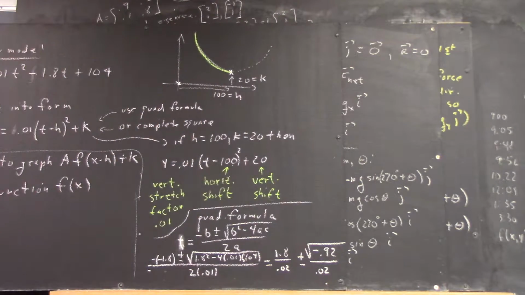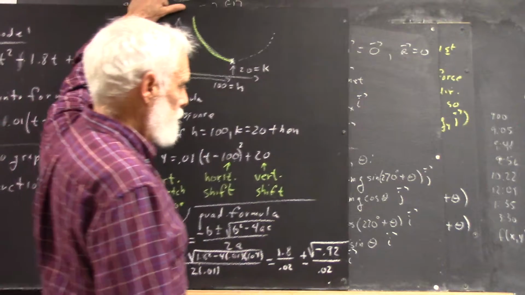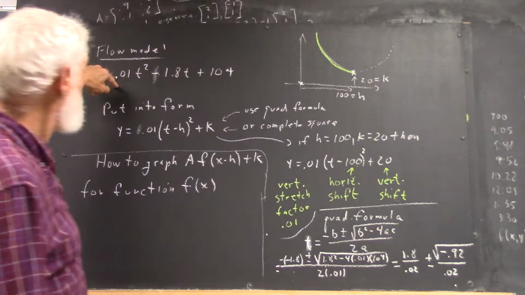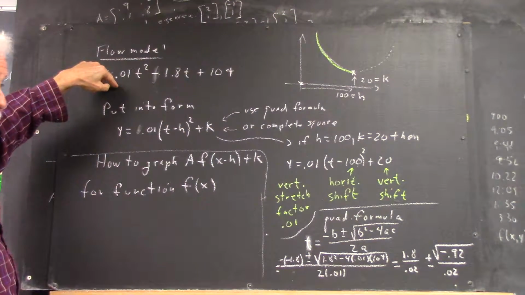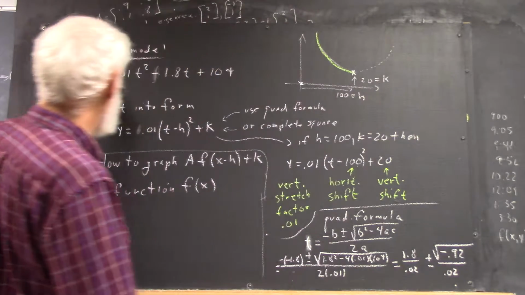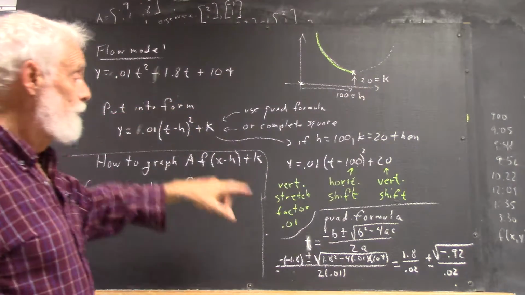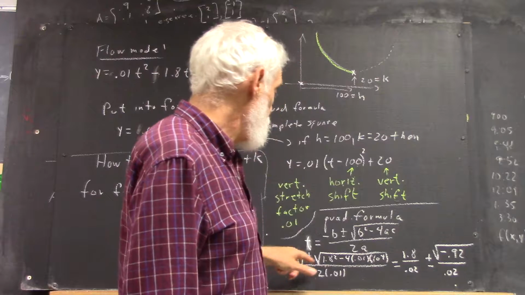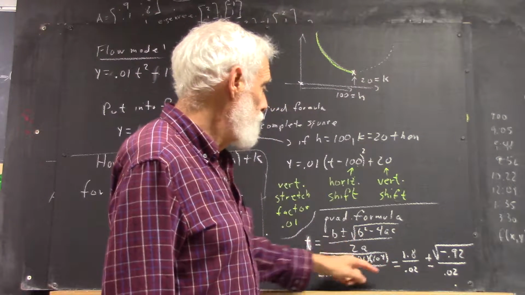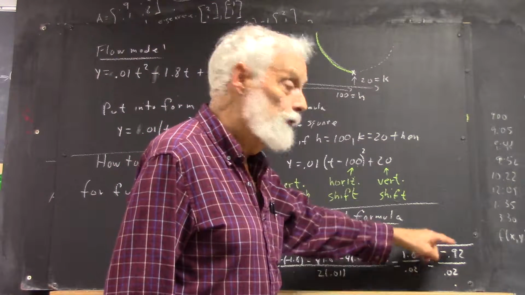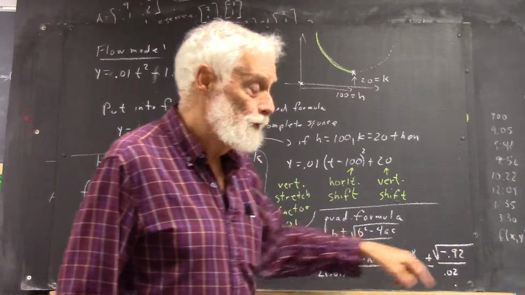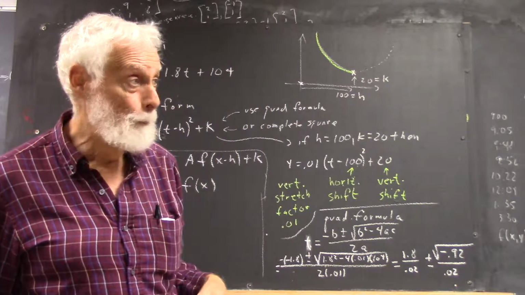Okay? So if we have this function, the quadratic formula tells us that y equals 0 if and only if t equals this plus or minus this. Now, what does that tell us about where t equals 0?